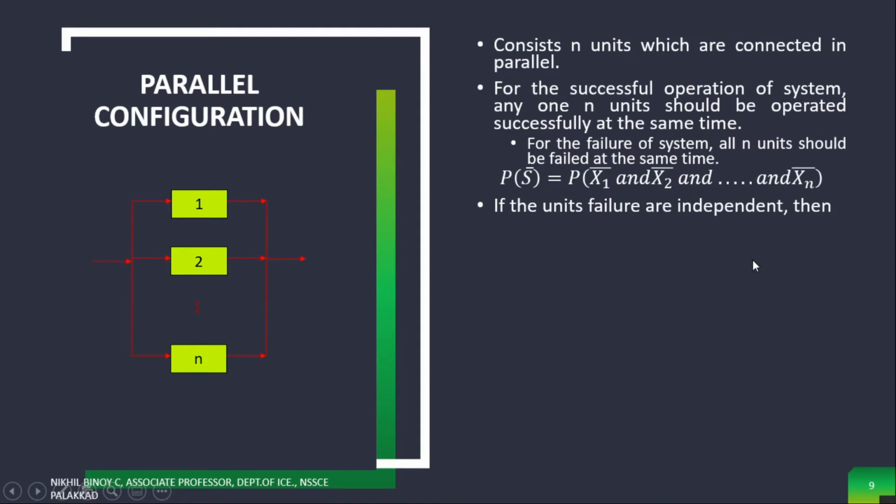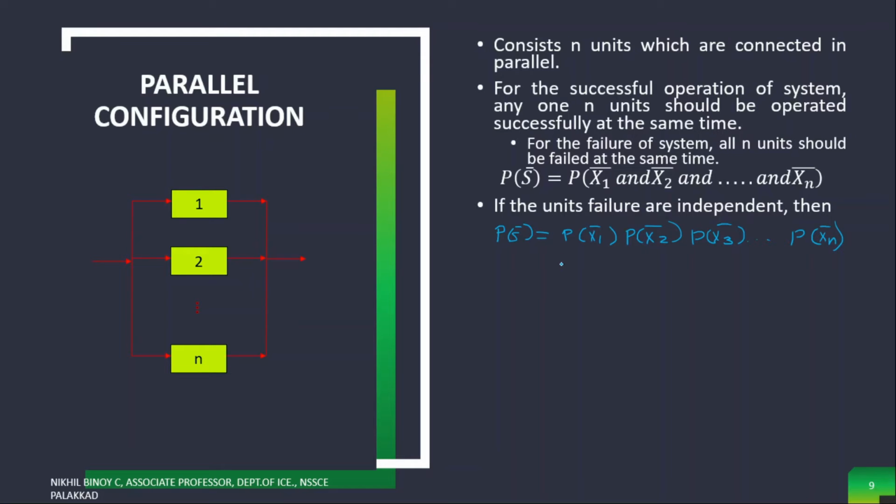No response, okay. So P of S bar is equal to, if x1 bar, x2 bar, and so on, xn bar are independent, then this is equal to P of x1 bar into P of x2 bar into P of x3 bar, and so on, P of xn bar.